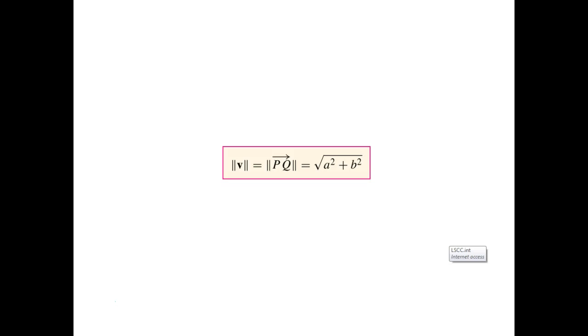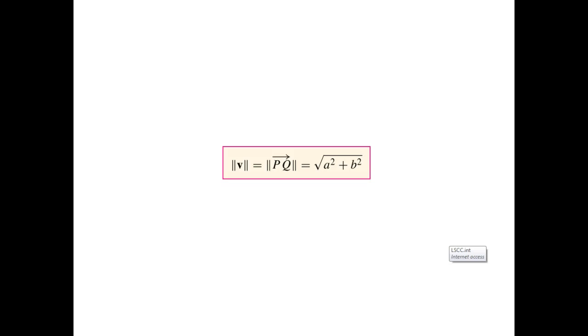Double absolute value bars. And that's the good correlation to keep in mind. Because the magnitude of a vector, just like the absolute value of a number, is always going to be positive. You cannot have a magnitude of a vector being negative.